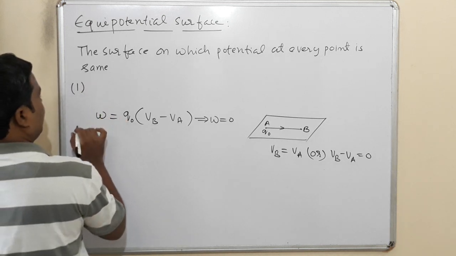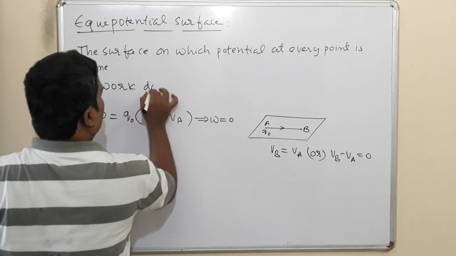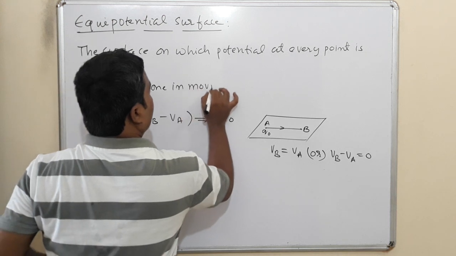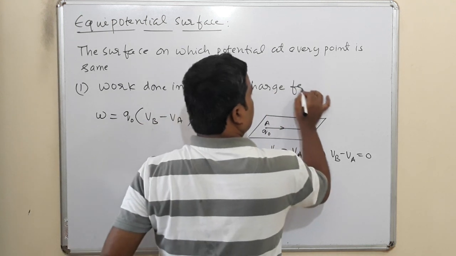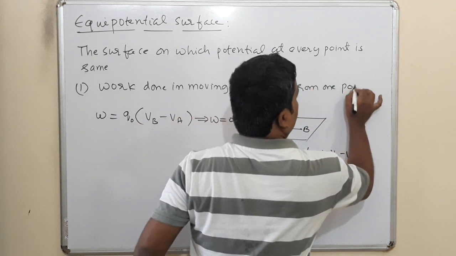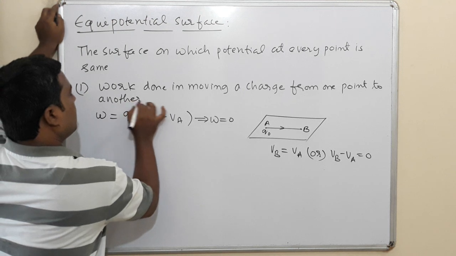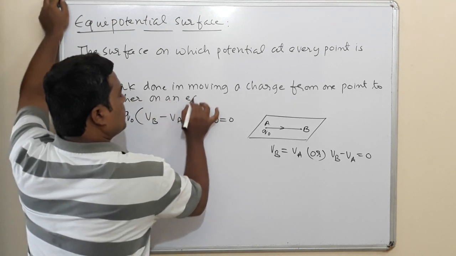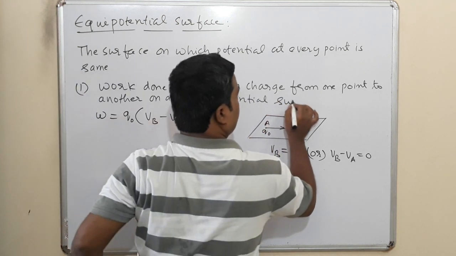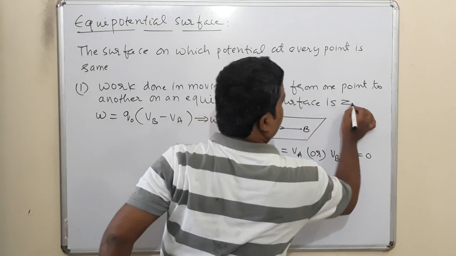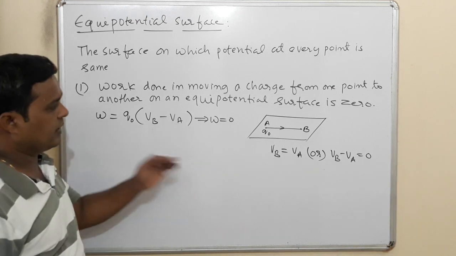This is the first point you should remember, property number 1: the work done in moving a charge from one point to another on an equipotential surface is 0, because we don't have any potential difference between 2 points.